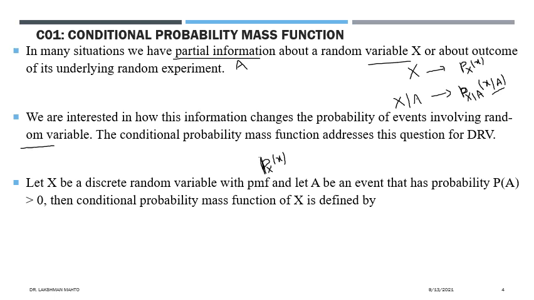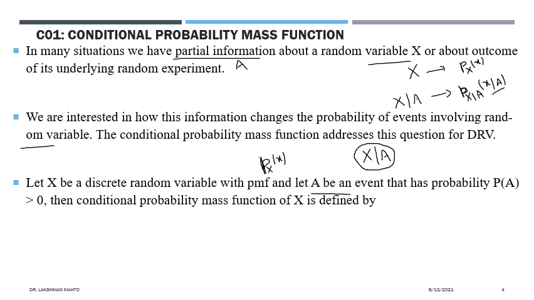But then you observe one event A, and based on that observation of the event A, there would definitely be some kind of update. That's why you get a new probability mass function that we call the conditional probability mass function.